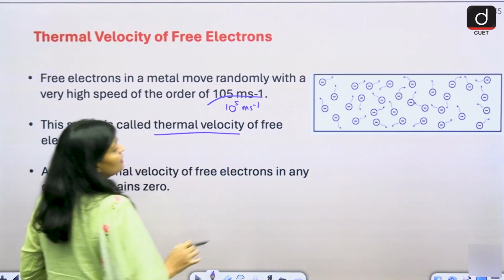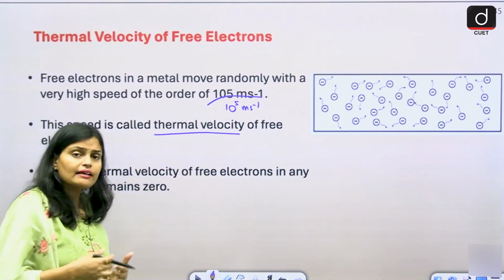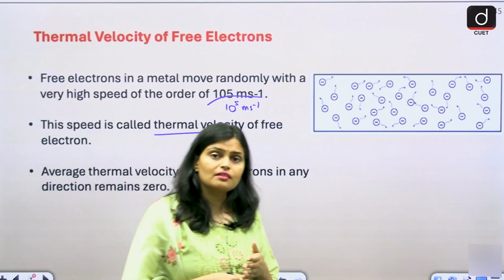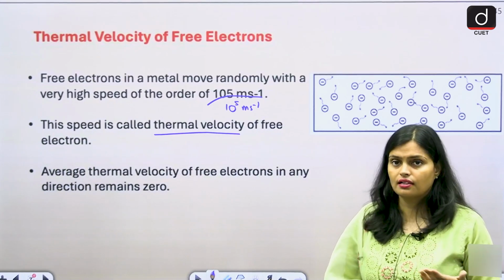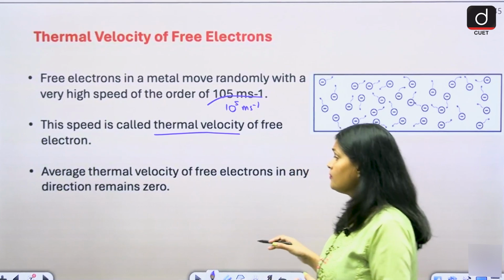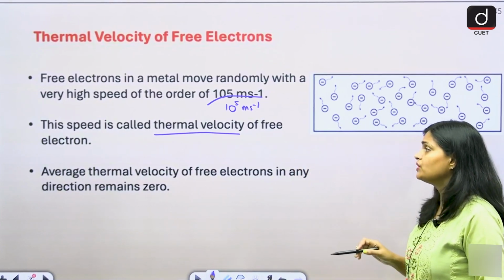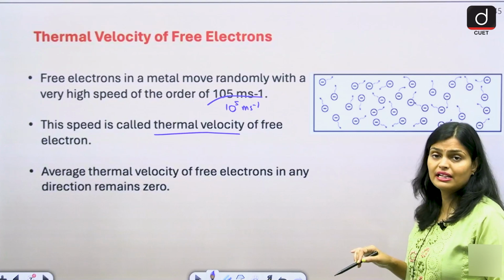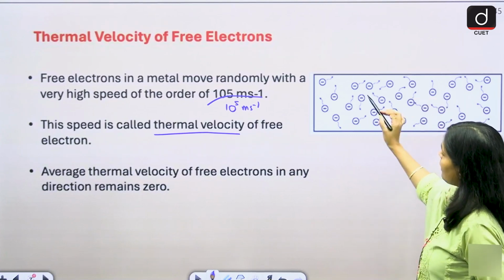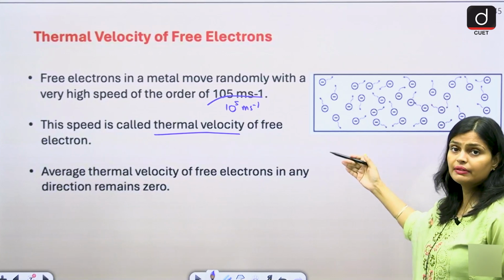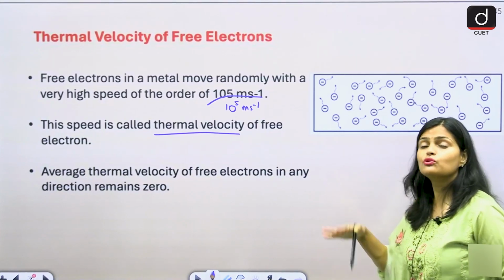This velocity is called thermal velocity. That means after getting temperature, the electrons moving with respect to time is known as thermal velocity. Now, the average thermal velocity of a free electron remains 0. Why? Because when they gain temperature, all the electrons move randomly here and there.